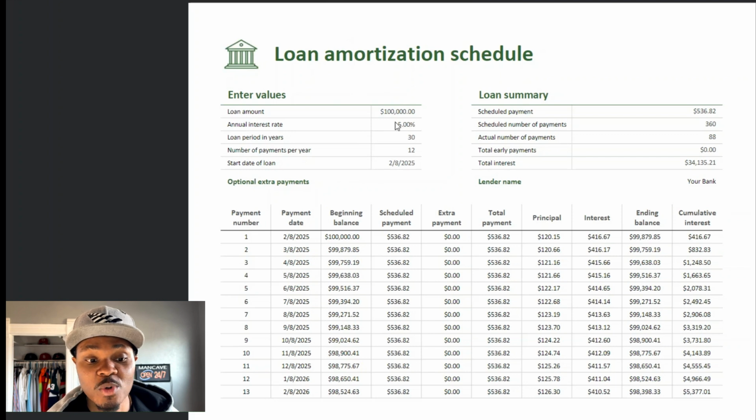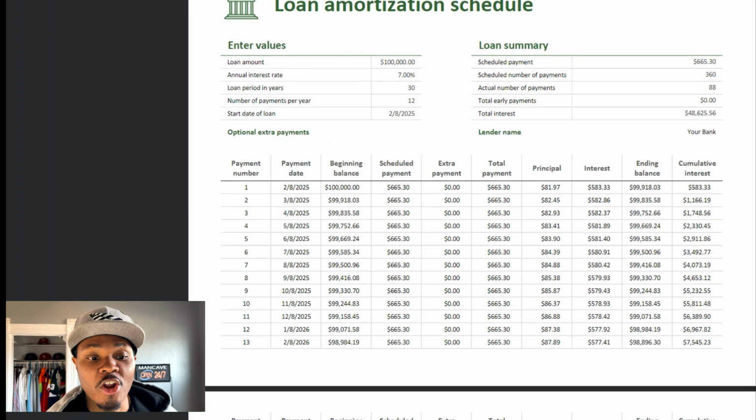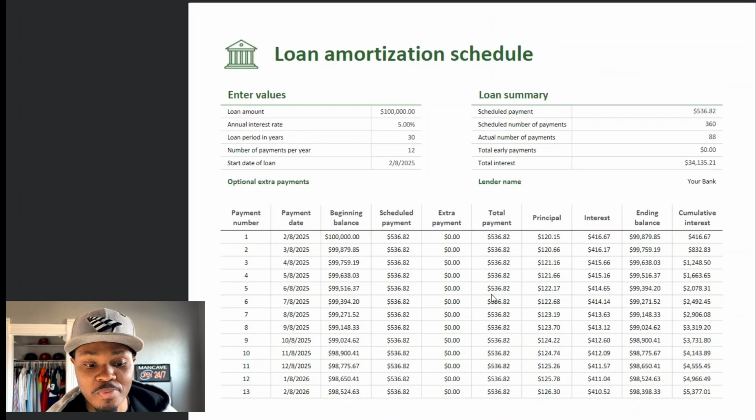So on this one, we have $100,000 at 5%, 30 year. On this one, we have $100,000 at 7% over 30 years. Okay. Now the difference between those two, let's look. Your scheduled payment is $536.82 if you pay over 30 years.